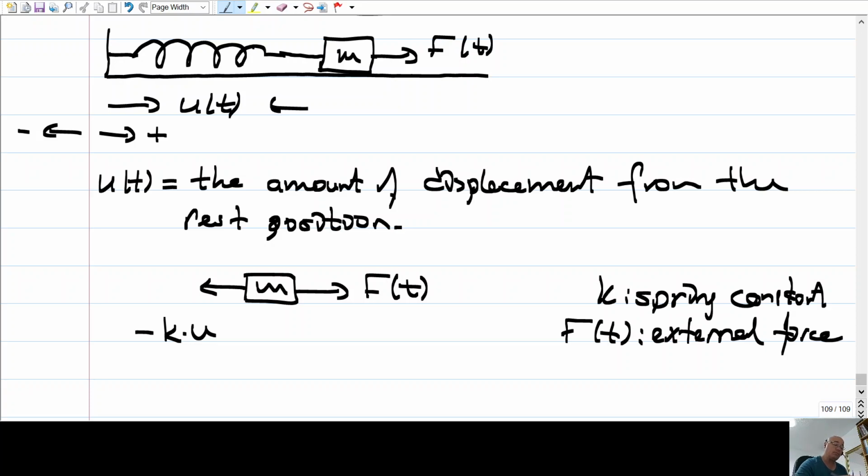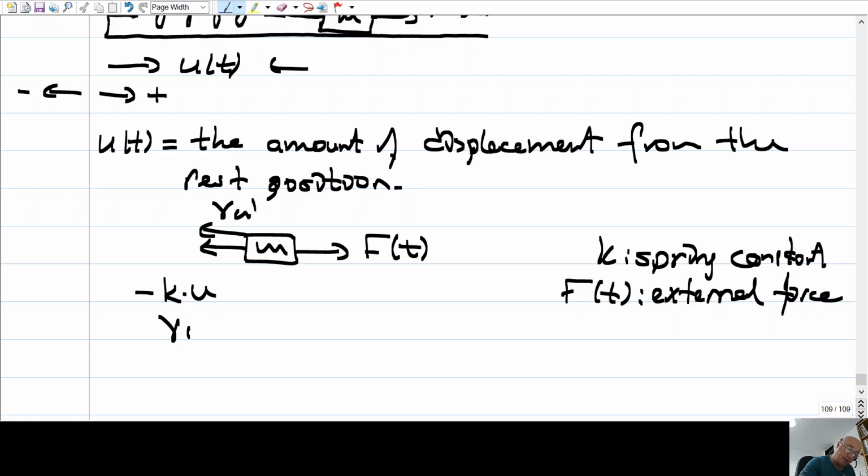And there is also resistance, which is gamma times u prime.